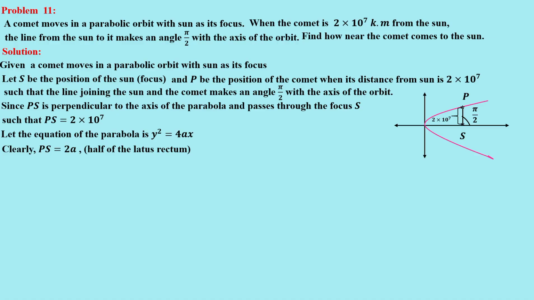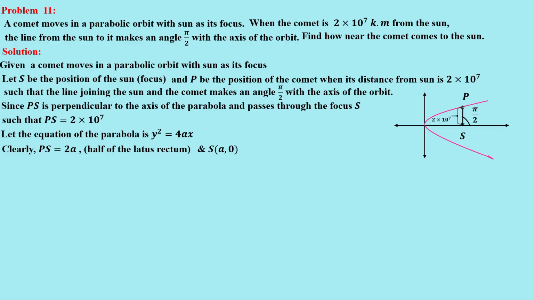The line which is perpendicular to the axis and passes through the focus is called the latus rectum. This is one part of the latus rectum. The other part is the other side of S, below the axis of the parabola, right. So PS is equal to 2a. The length of the latus rectum is 4a, we know. Half of the latus rectum is 2a, right.